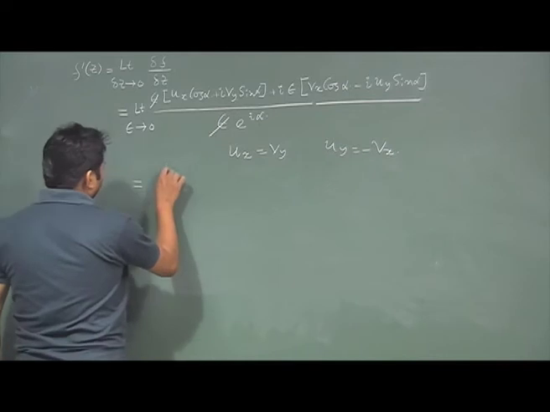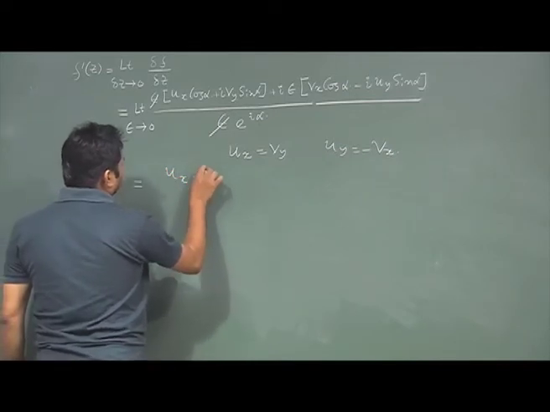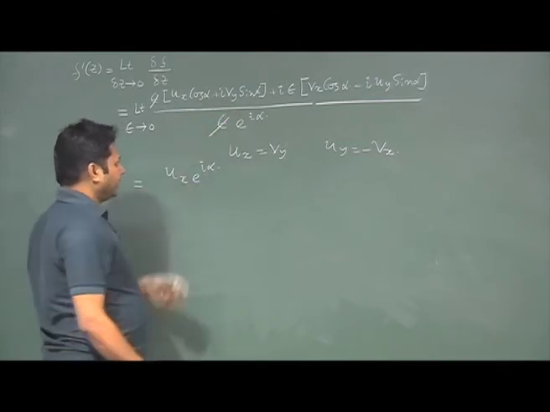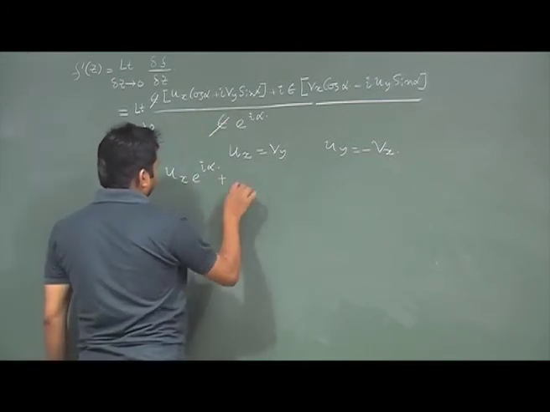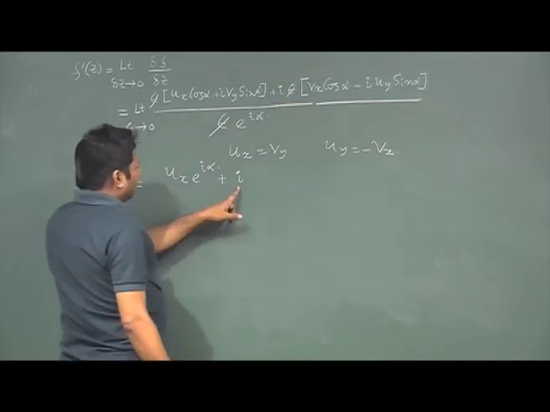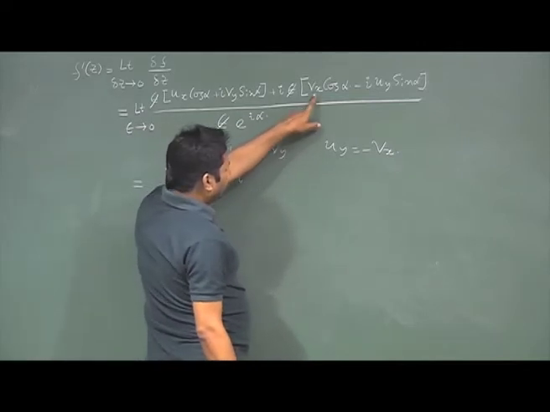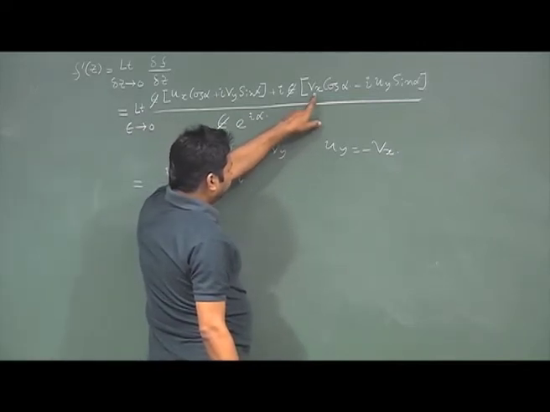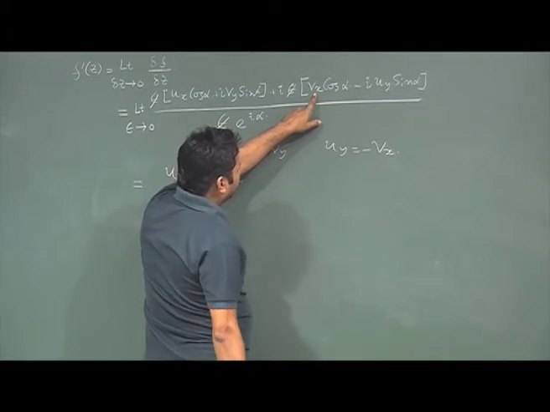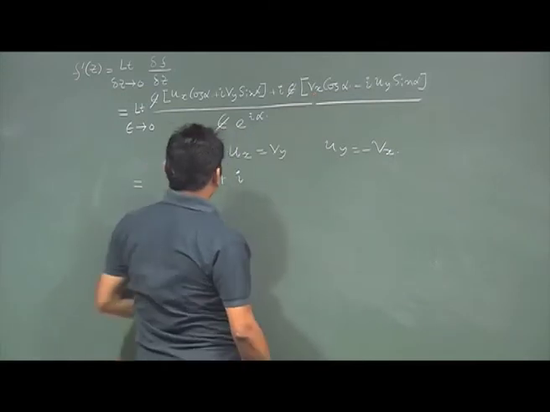So, I will have ux times e to the power of I alpha, that is cos alpha plus I sin alpha. Now I will replace vx with minus of uy.